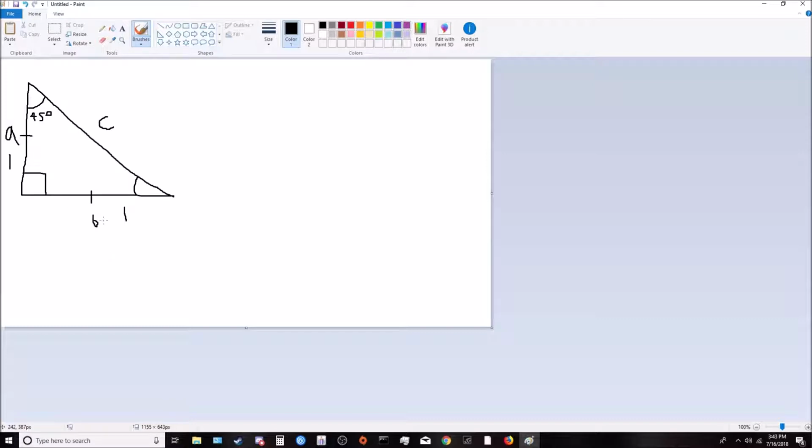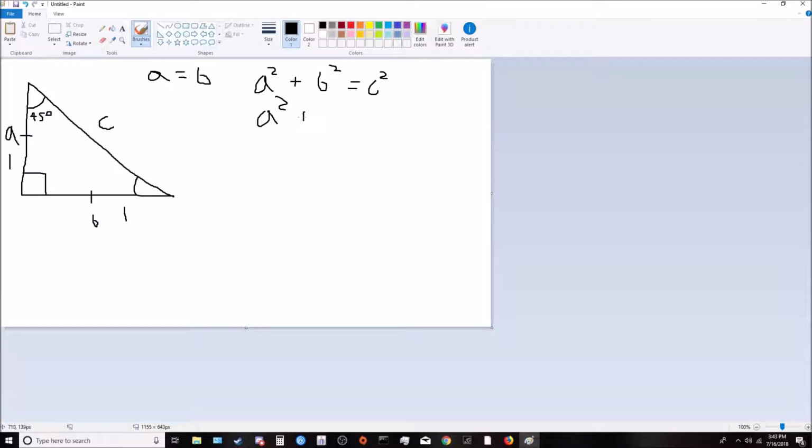Now if you plug these variables into the Pythagorean theorem, you get a squared plus b squared equals c squared. That's just the Pythagorean theorem right there. Since we know that a is equal to b, we can substitute one of these variables for the other. I'm going to substitute a for b, but you could do it either way since they're equal.